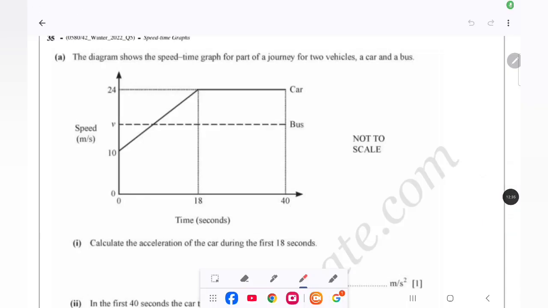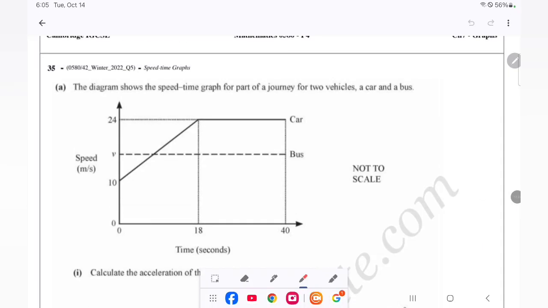In question 35, the diagram shows the speed time graph for part of a journey for two vehicles, a car and a bus. The bus is moving in a straight line. The car is first having its direction and speed change.